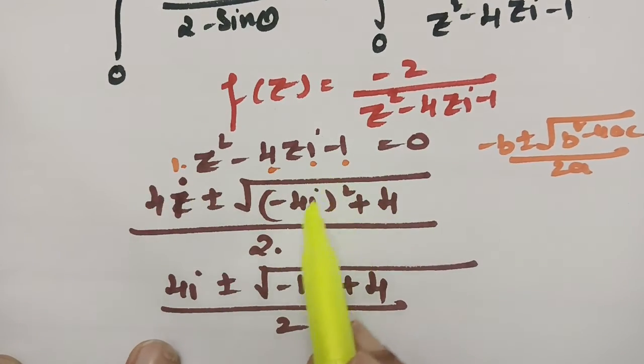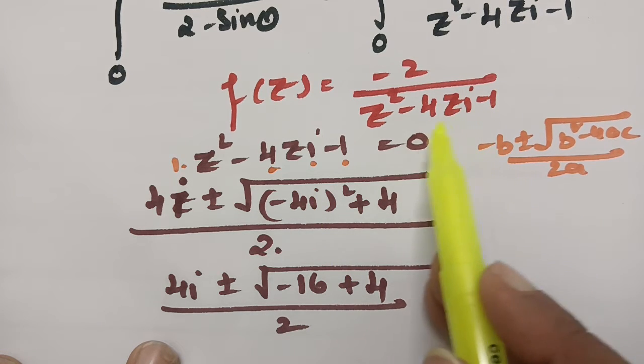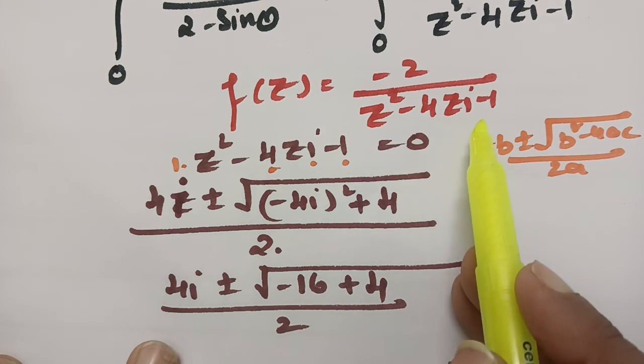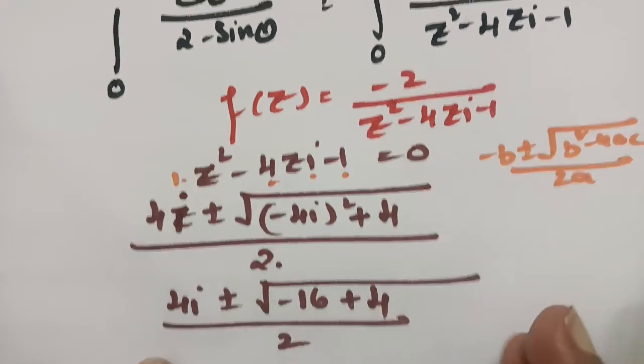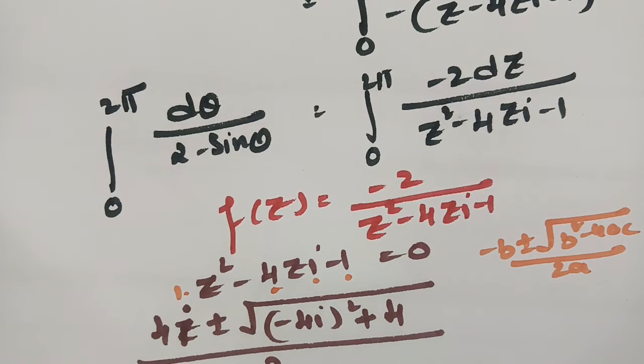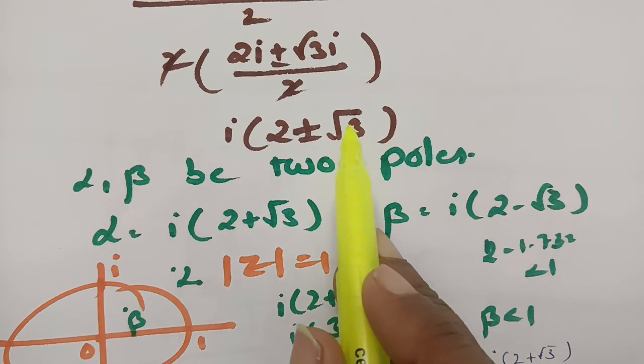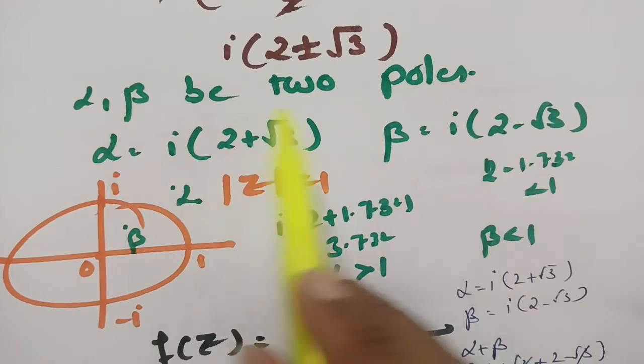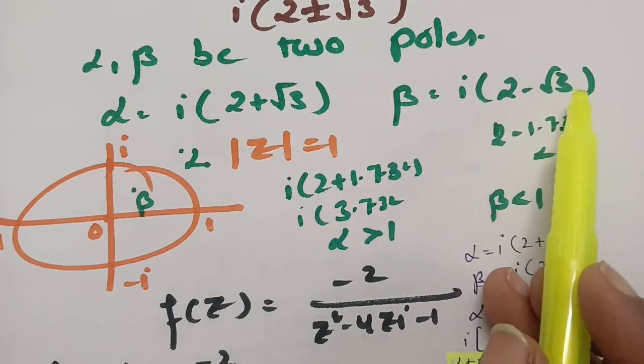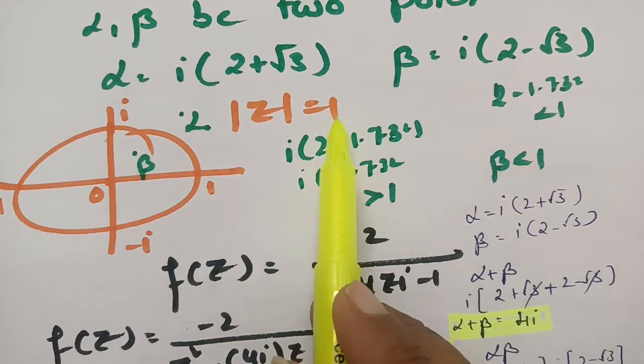So I have to find the pole values. In order to get the pole values, I have to equate the denominator to 0. Here I have equated and I got the pole values as, here are the pole values, that is i times of plus or minus 2 plus root 3. So alpha and beta are the two poles. Alpha is this one and beta is this one. So clearly we have this one.